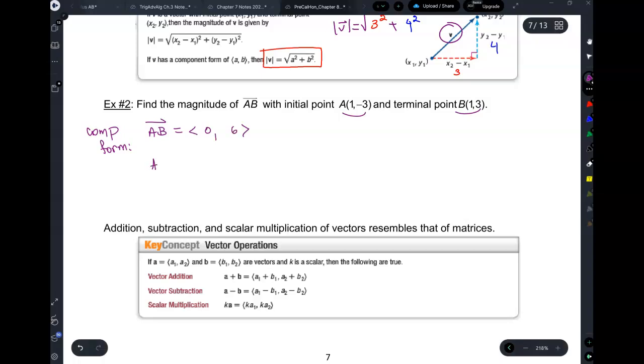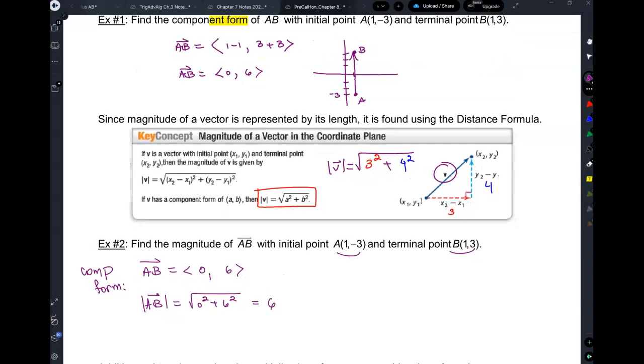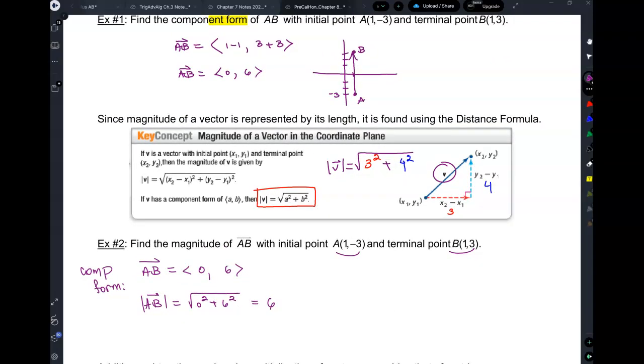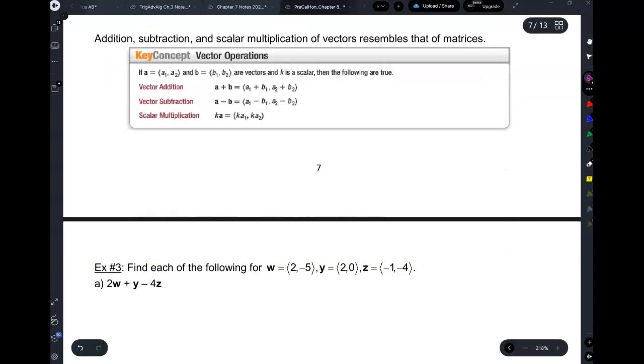The magnitude of it is the square root of 0 squared plus 6 squared, which is just 6. And if you look at the vector that we had drawn up there, is the magnitude of that just 6 units? Yes, it is. So this is a good way. Okay, we're moving on.